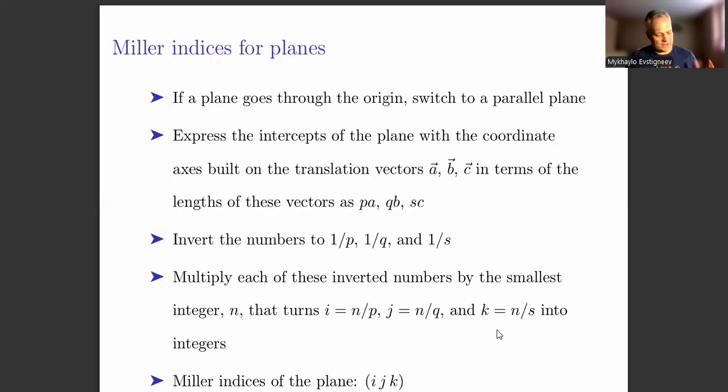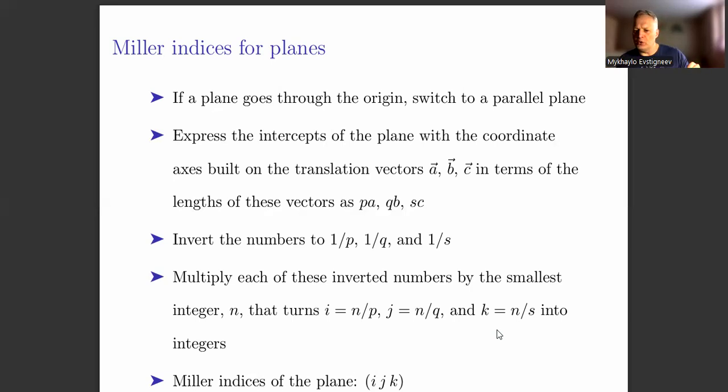So let's say you have a plane and it intersects the crystallographic axes built on the translation vectors. Translation vectors are not necessarily perpendicular to each other, so this is not necessarily an orthogonal Cartesian system. So you look at the intersection points of a particular plane with these crystallographic axes.